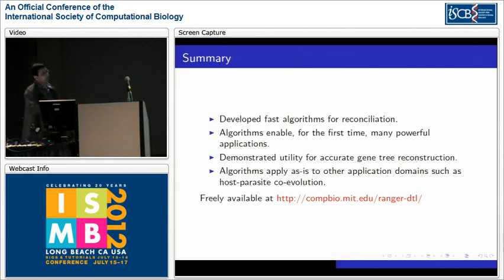It's also worth mentioning that these same algorithms apply without any change to other application domains like host-parasite coevolution. In host-parasite coevolution, the host tree becomes a species tree and the parasite tree becomes a gene tree. Host switches are like transfers, independent speciations are like duplications, and so on. So there's a one-to-one mapping.